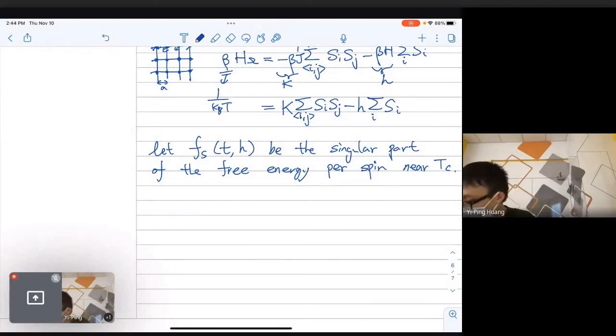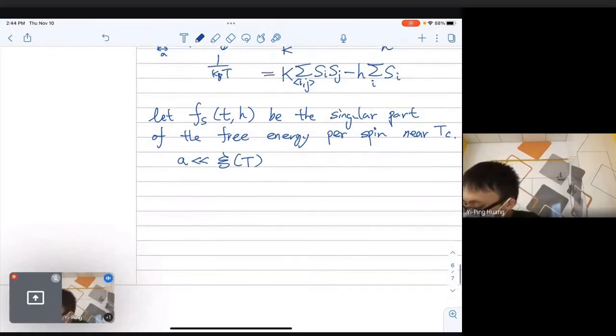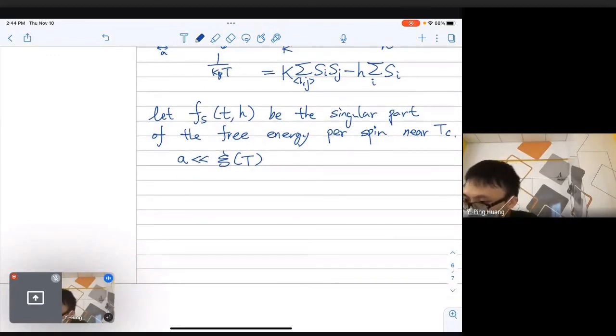And we are discussing the physics near Tc. What does that mean? It means that the lattice spacing is much smaller than the correlation length. That's one thing we know. The idea of the block spin is that we do some kind of coarse-graining, as we have done previously.